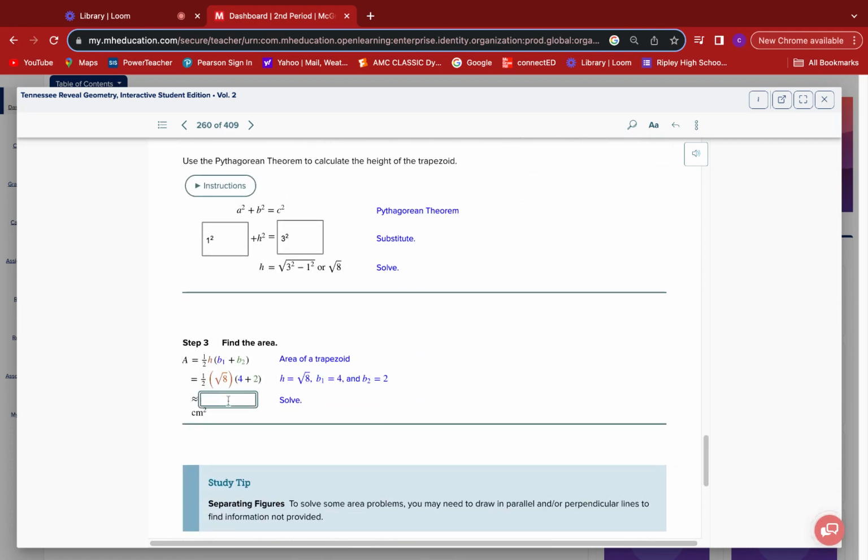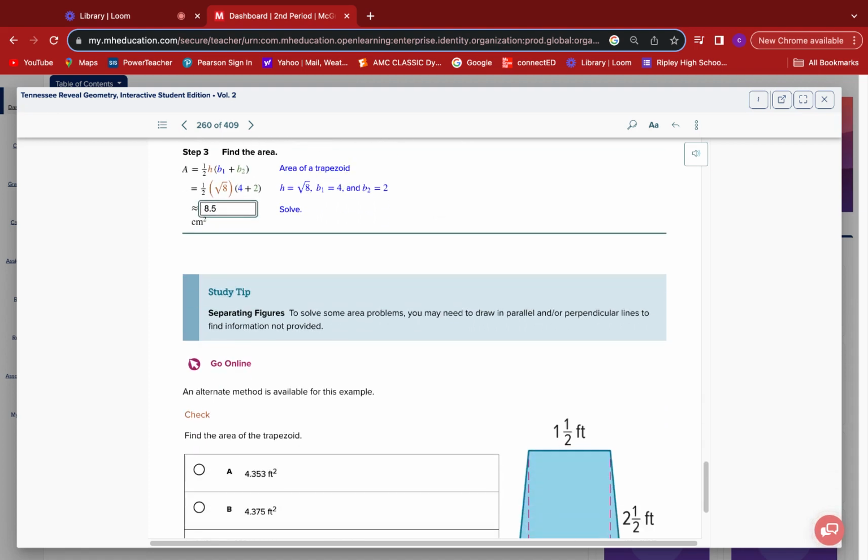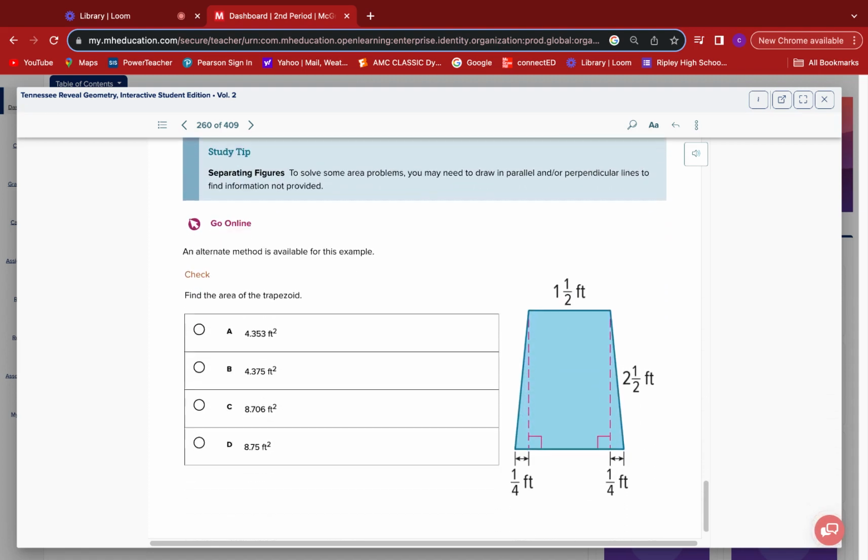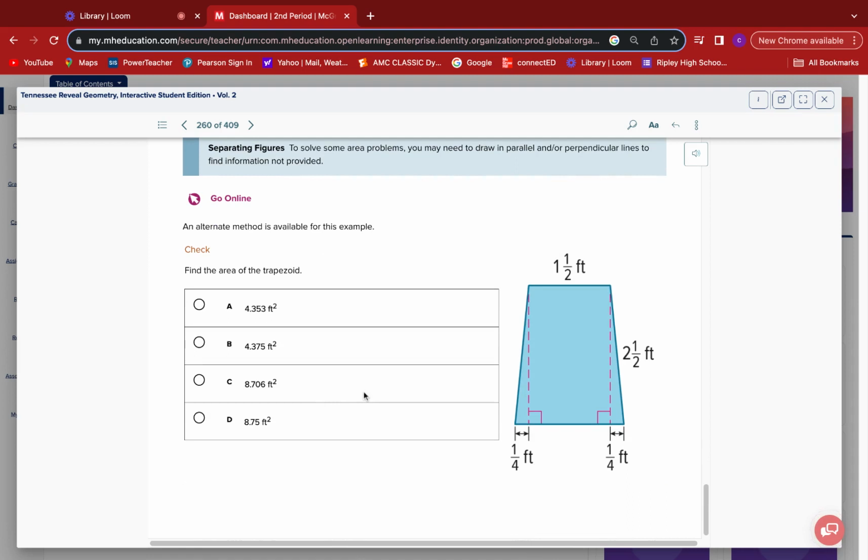So I'm just going to do what they typically do and round to the nearest tenth. So you should be looking at 8.48, but the 8 is going to make the 4 round to a 5. So it's going to be about 8.5 squared centimeters, everybody. 8.5 squared centimeters.